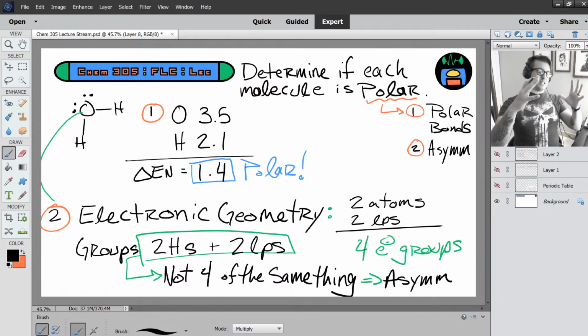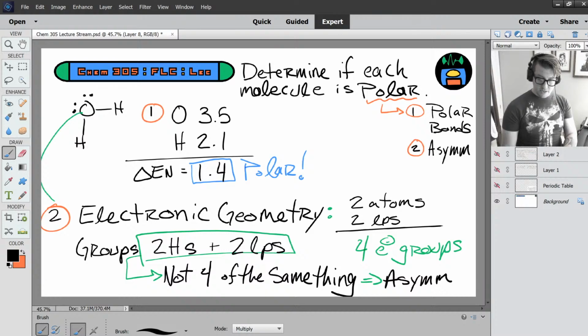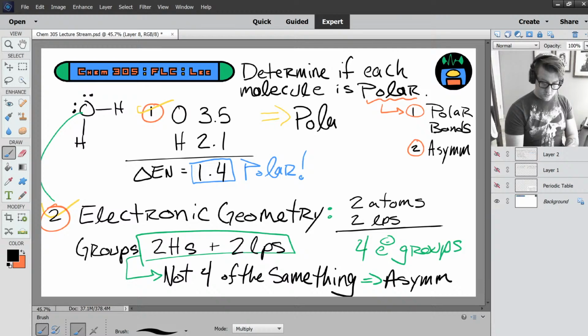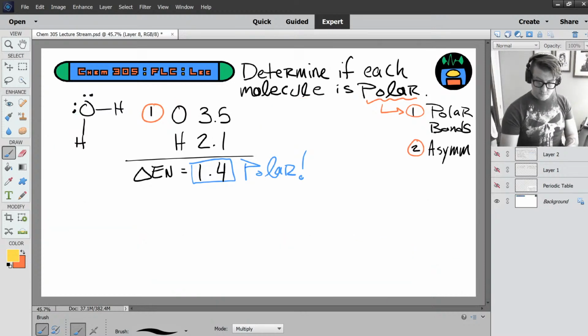It has to be perfectly symmetric. You have to have 4 of the same thing for them to all cancel out. So because this is asymmetric, because 1 checks out and 2 checks out, that means that water is a polar molecule. All right, water is a polar molecule. Let's do another example.